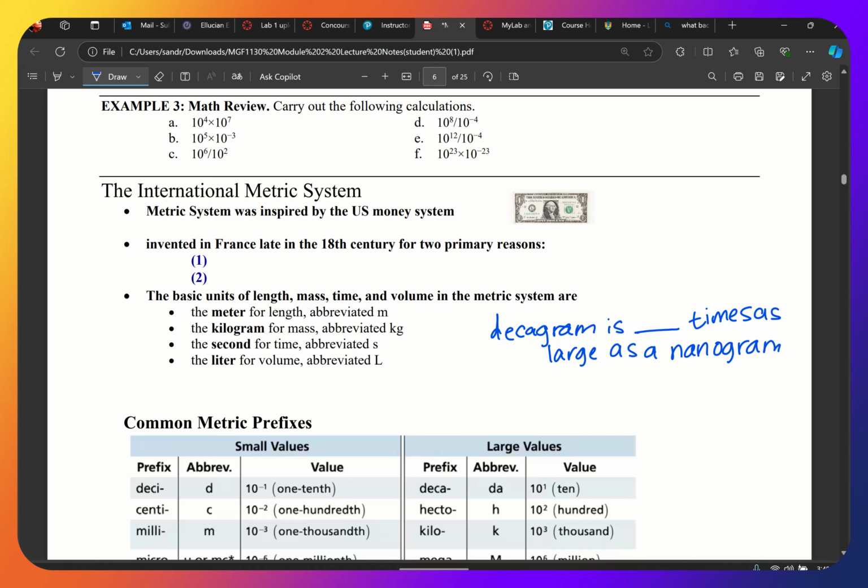And the answer is 10 to the blank power, right? All right, so a decagram is 10 to the first power, and a nanogram is 10 to the minus 9 power.